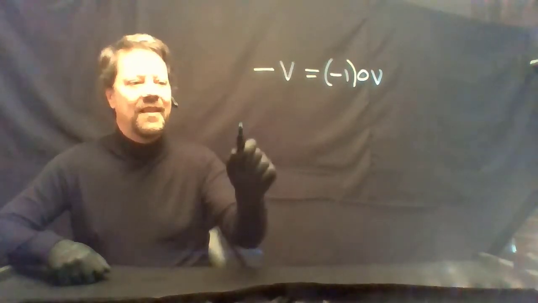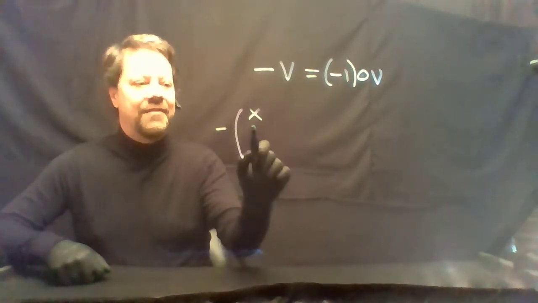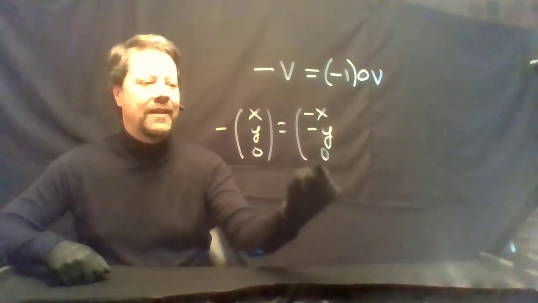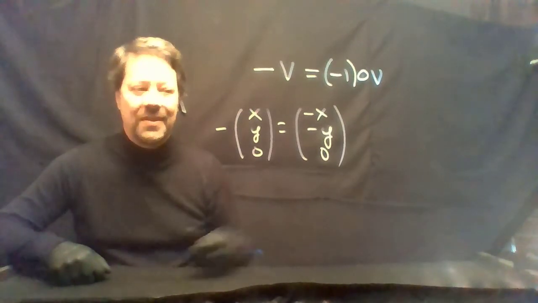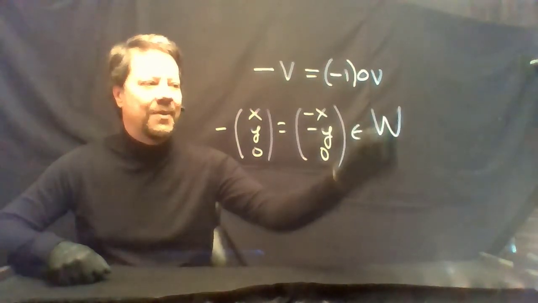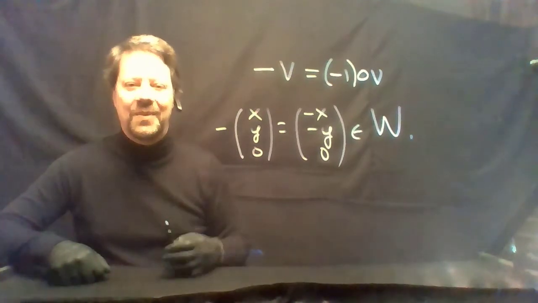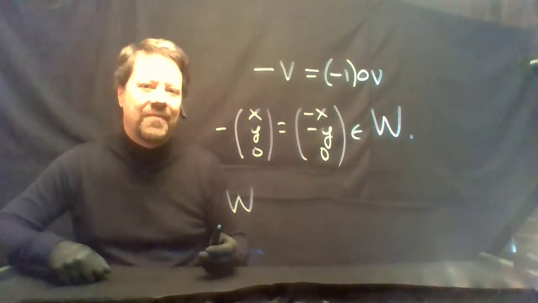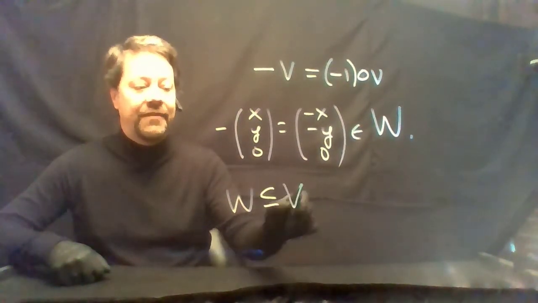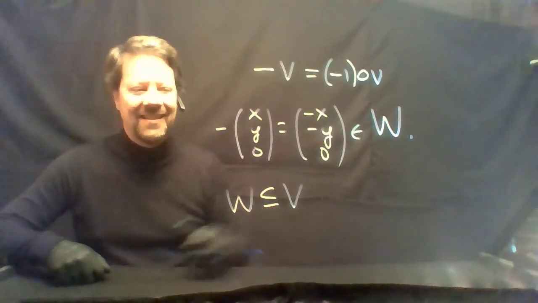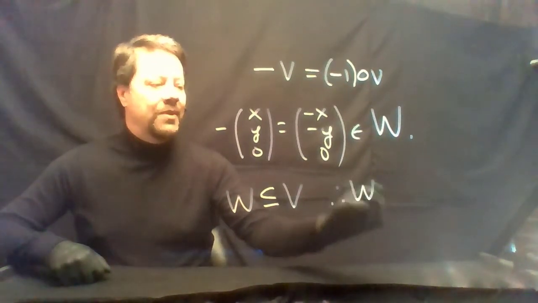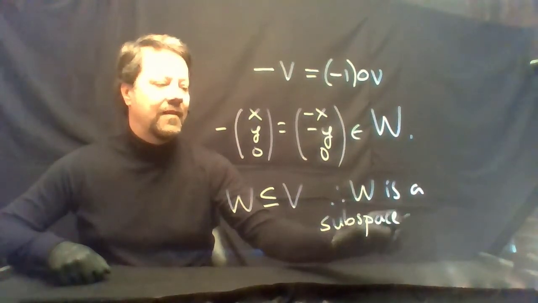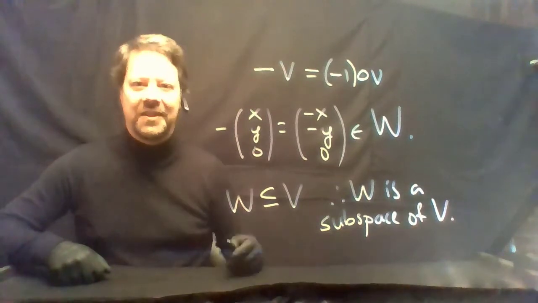In other words, if I have the negative of (x, y, 0), that will be (-x, -y, 0), and that has third coordinate 0, so that has to be in W. In other words, W satisfies all of the properties of a vector space. It's a subset of a larger vector space. Therefore, W is a subspace of the larger vector space.